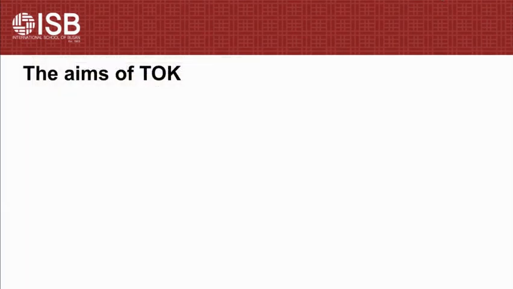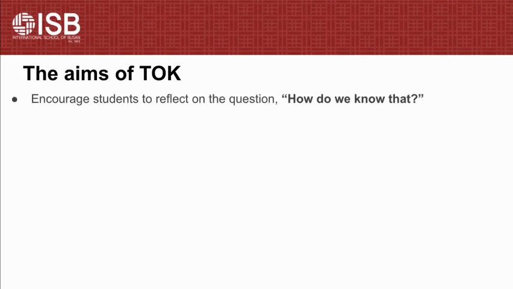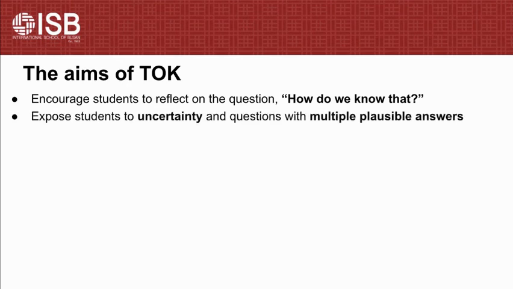Hopefully, now that you understand a bit more about TOK, the aims of the course might make more sense to you. In TOK, we hope to encourage students to reflect on the question, how do we know that, as opposed to what we know? Expose students to uncertainty and questions with multiple plausible answers, not certainty and well-defined answers.